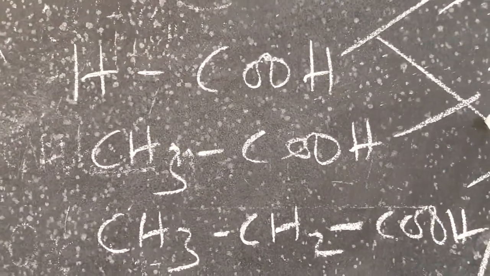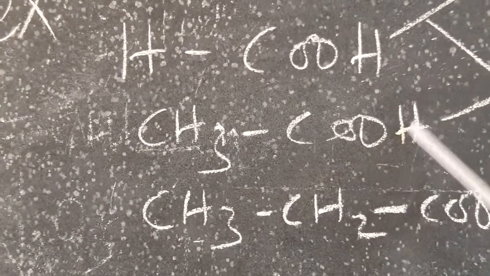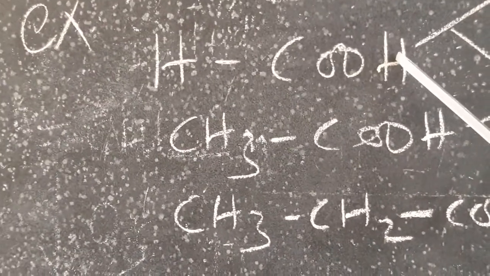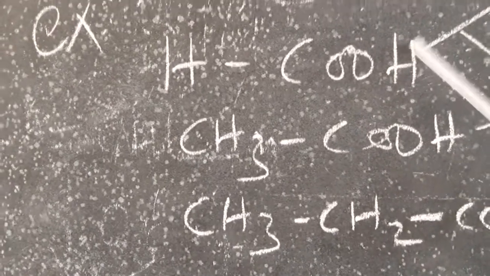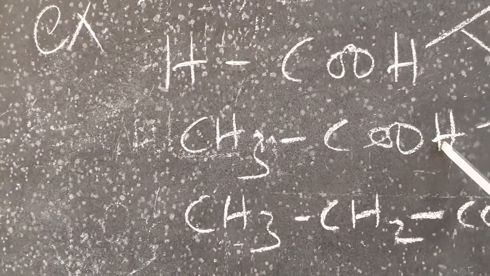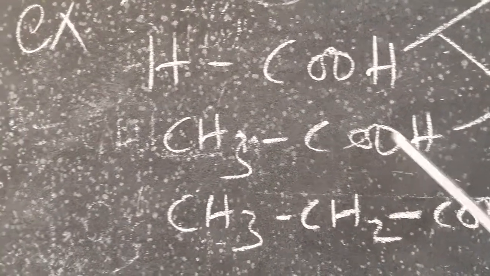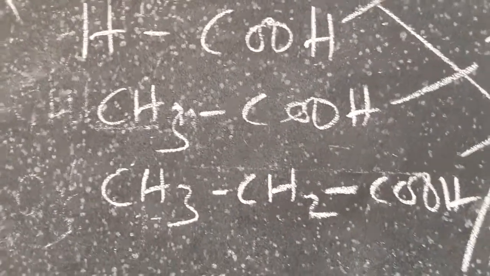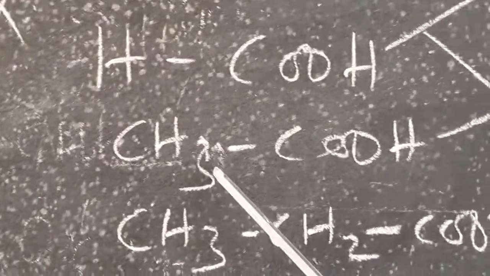So therefore it has the least acidity among these, and formic acid is a strong acid compared with acetic acid, because in acetic acid an electron supplying group is there. So therefore acetic acid is a weak acid.